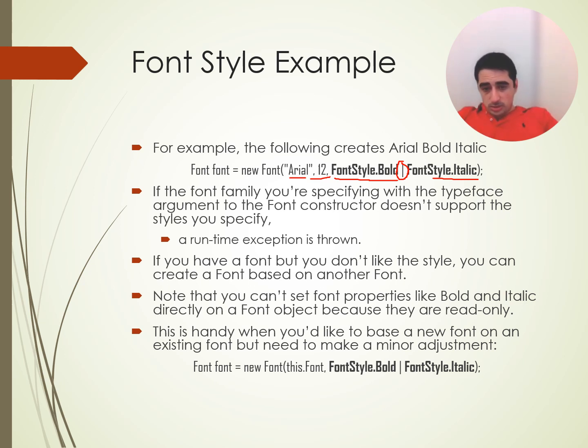And sometimes you already have a font, but you don't like its font style. You want to change that. So that's possible by using this constructor. Let's say new font, the first parameter is the base font that you have, but you don't like its font style. And then as a second parameter, you pass a different style. For example, you say font style the bold, or let's say font style the italic.